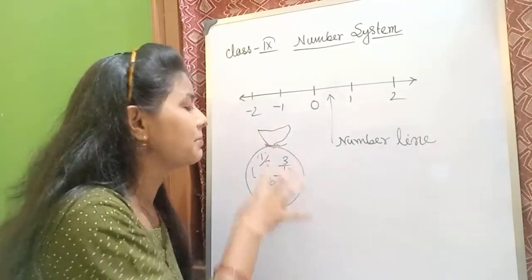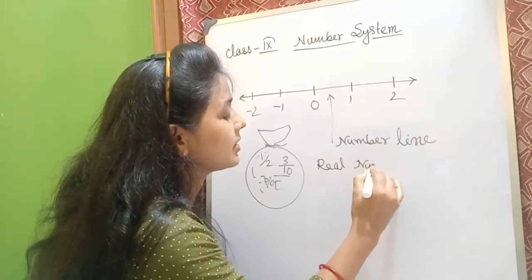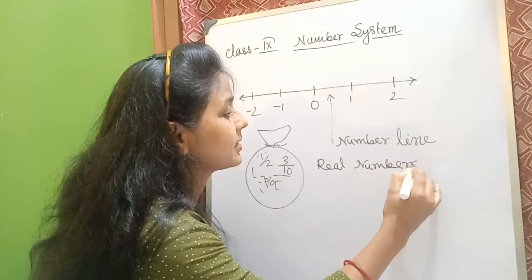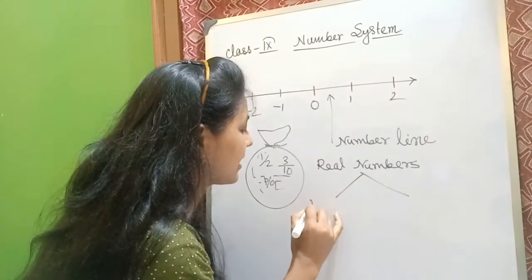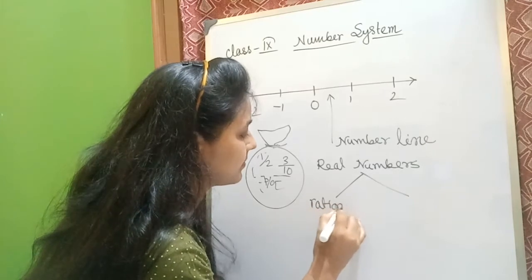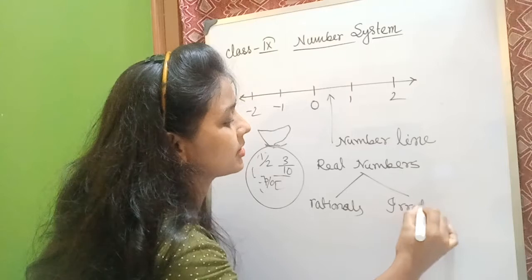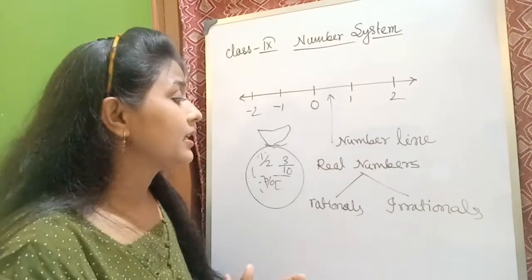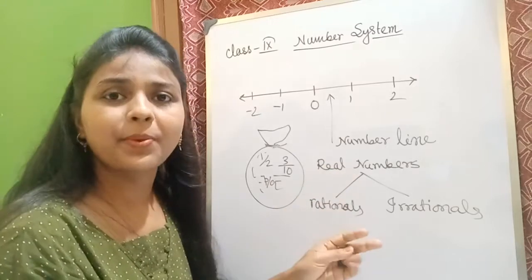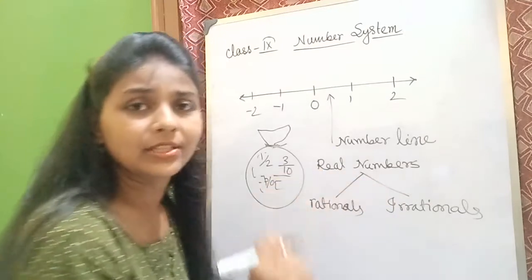So that means real numbers can be classified into two categories, that is rationals and irrationals.